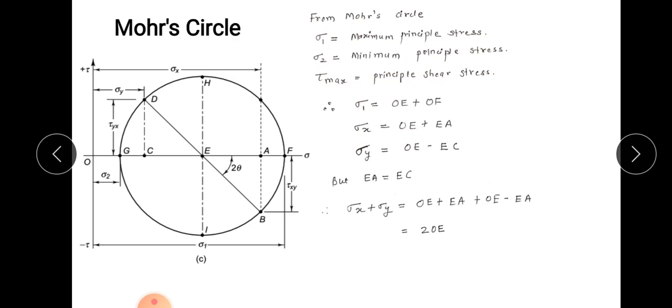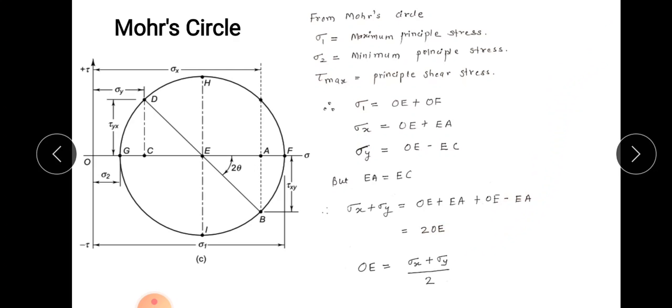Now if you add sigma x plus sigma y, what do you get? OE plus EA plus OE minus EC, but EC is nothing but EA. So instead of EC in sigma y, I am writing EA. So EA and EA will get cancelled, and you will get sigma x plus sigma y is equal to 2OE.